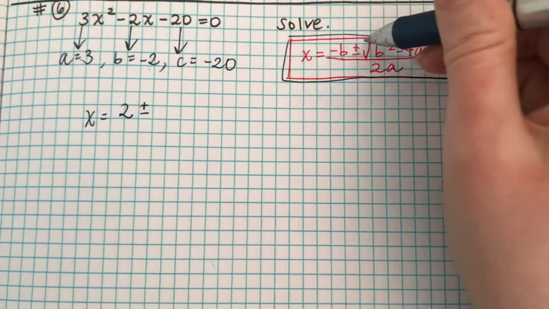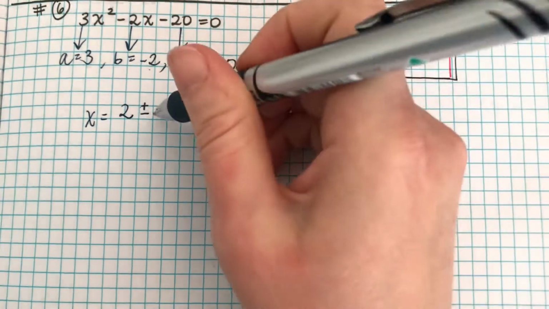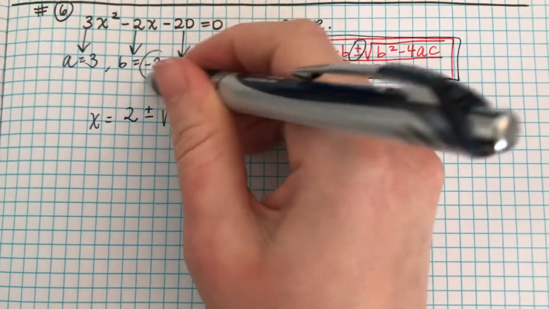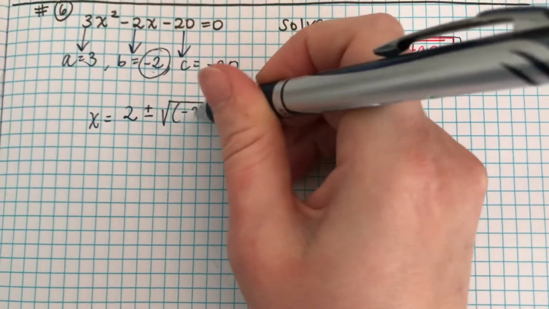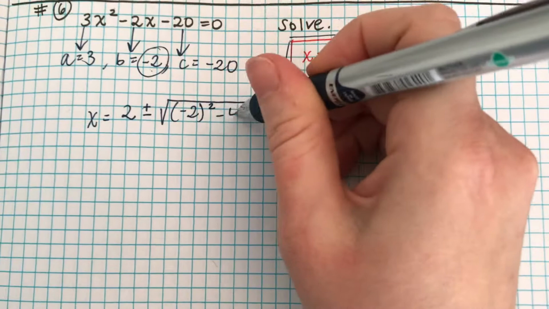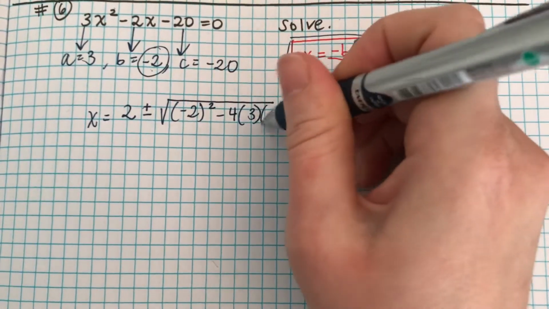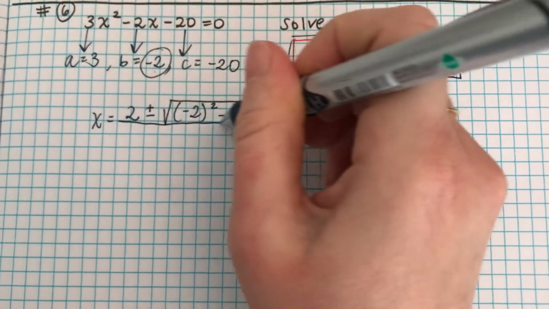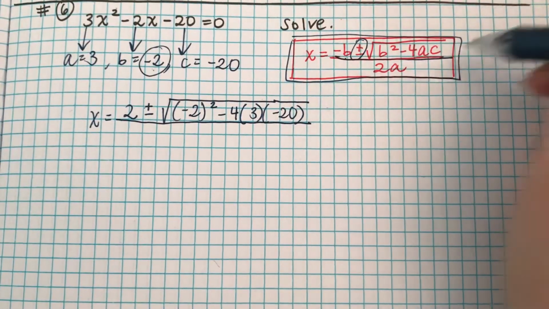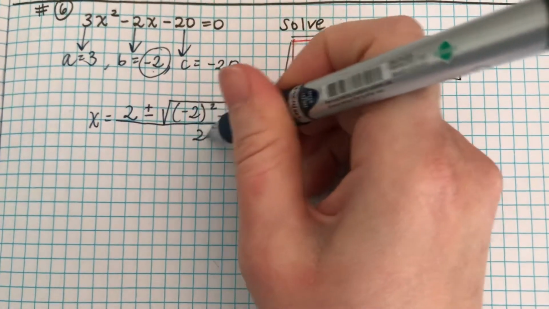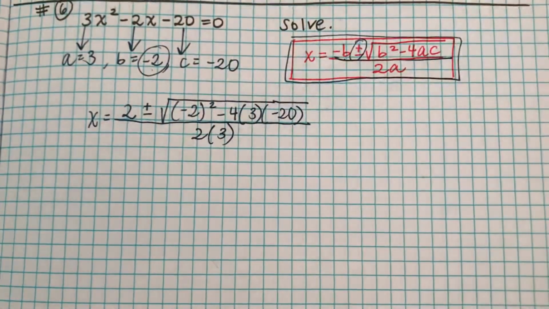Plus or minus, don't forget the plus or minus, both of them. The square root of b squared, so I'm going to keep that in brackets, minus 2 squared, and then minus 4 times a, which is 3, times c, which is minus 20. Remember that the fraction line goes over everything, all divided by 2 times a, which is 3.